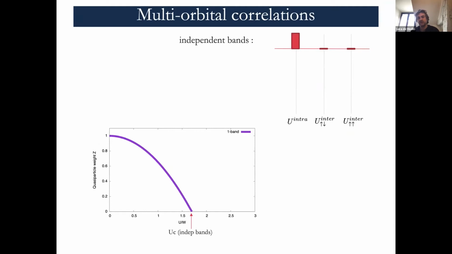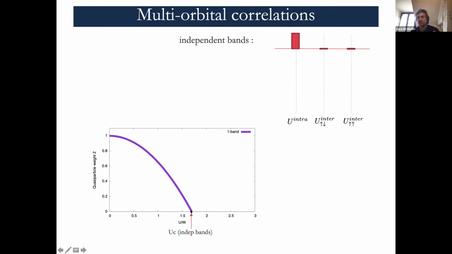And I would just want to play a little game by showing how non-trivial things are. What I'll show here are simplified model facts, but these are well known. I'm plotting the quasi-particle weight as a function of the interaction strength for several models that you can imagine. So take a certain number of independent bands in which you have only an intra-band local interaction that I call U intra. Then at some interaction strength, your quasi-particle weight will go to 0 and you'll have a Mott insulator.